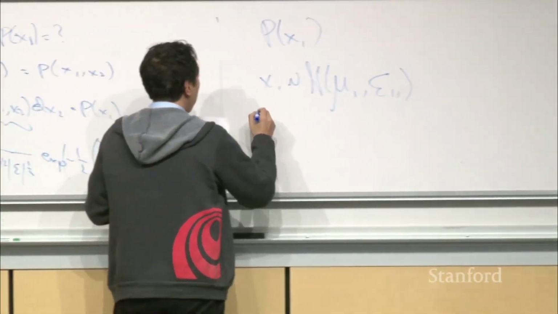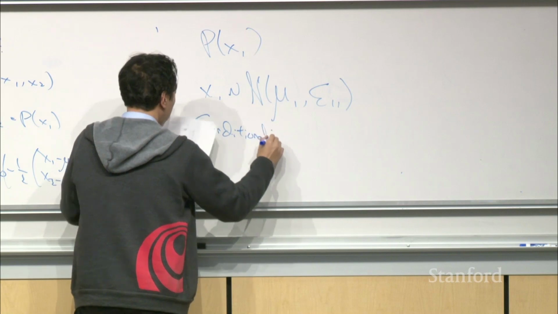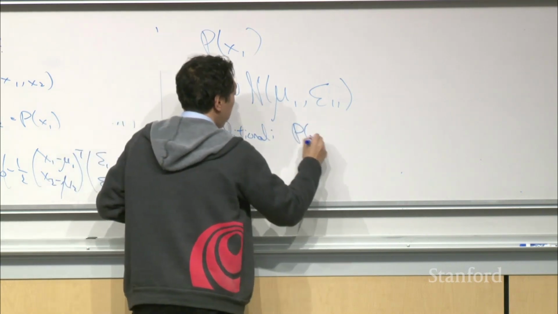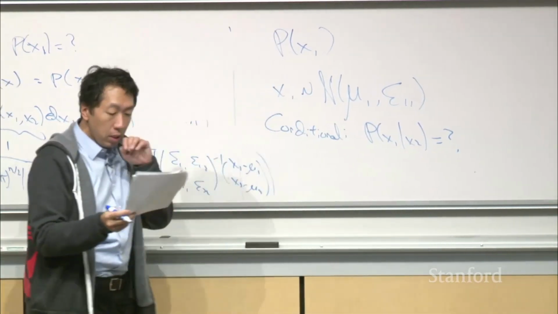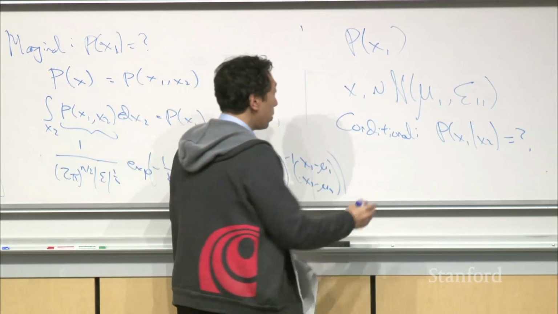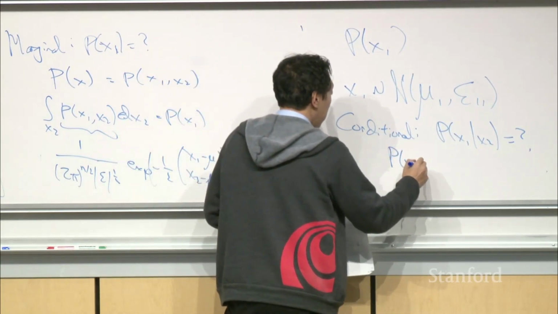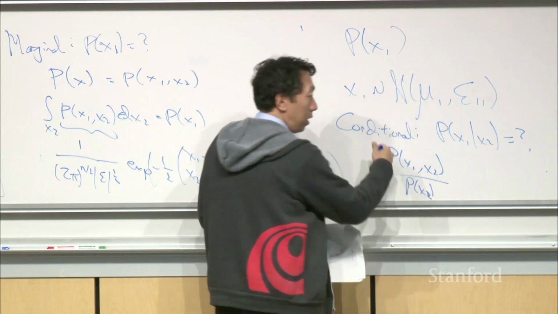And then the other property we'll need is the conditional: given the value of x2, what is the conditional distribution of x1? In theory, you would take p of x1 comma x2, divide by p of x2, and then simplify.